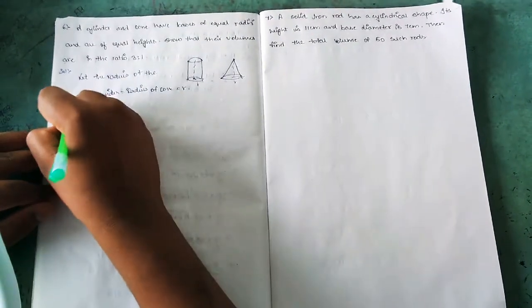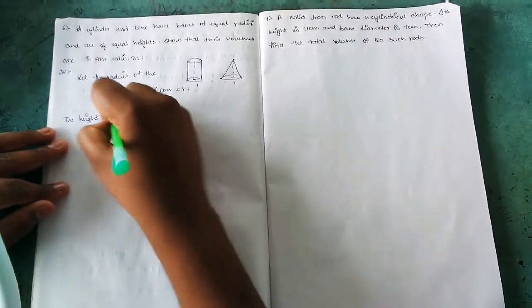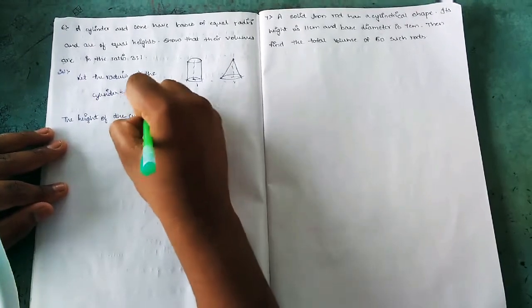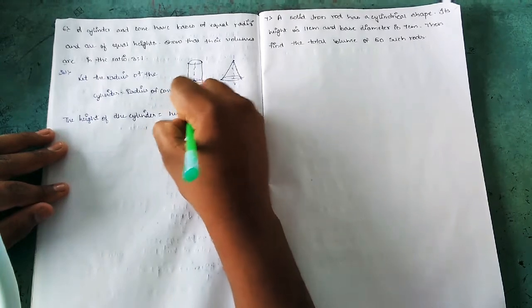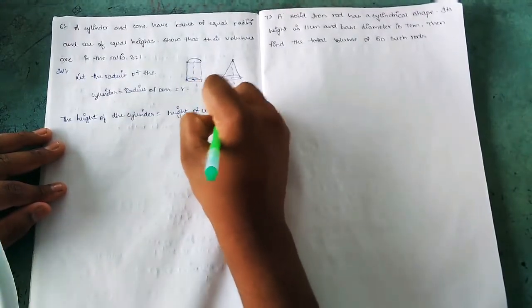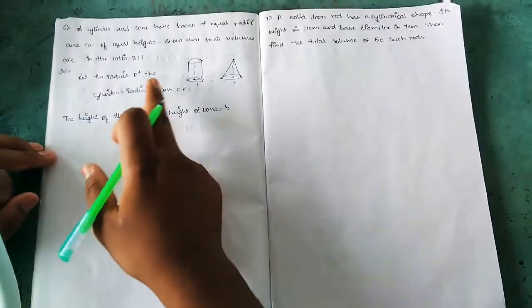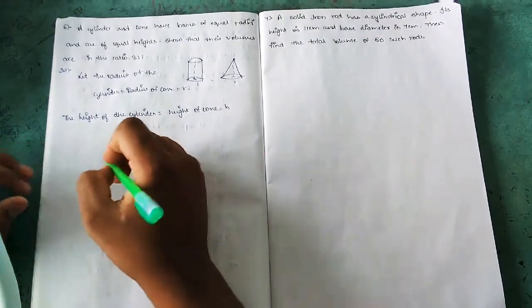The height of the cylinder is equal to the height of the cone. They are given in the question: the height of the cone is equal to h. So we have written the given, that their bases are equal and their heights also are equal. Now we should show the ratio of the volumes.